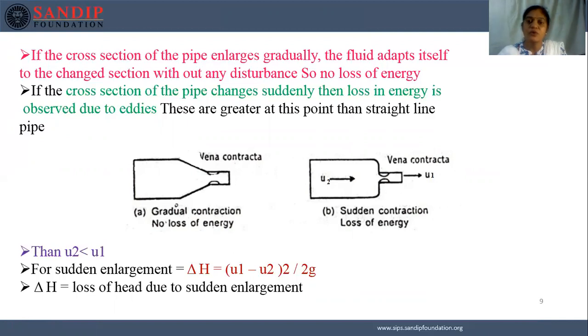But when it approaches near the neck portion, suddenly the sauce comes out, that is, the velocity of the sauce suddenly increases. So with that example we can understand gradual and sudden change. So this is all about the losses in fitting.